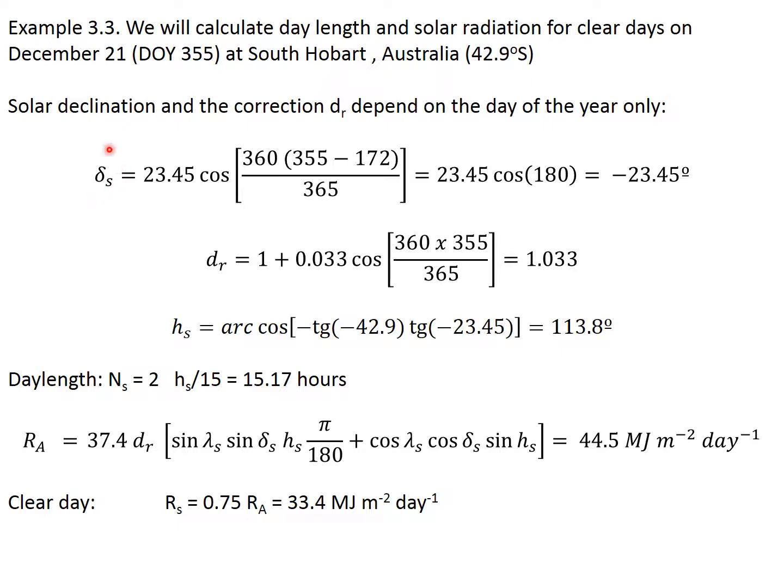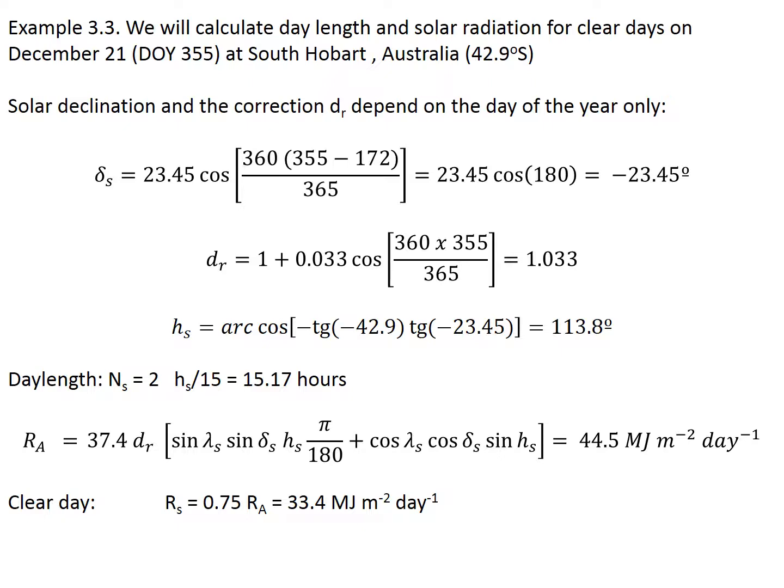for solar declination, 23.45 multiplied by the cosine of 360 multiplied by day of year 355 minus 172 divided by 365. That equals minus 23.45.